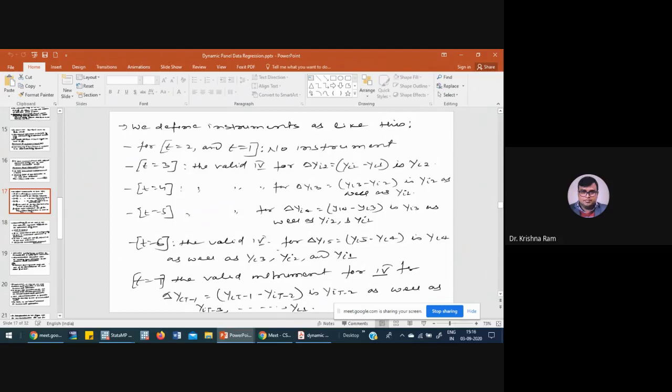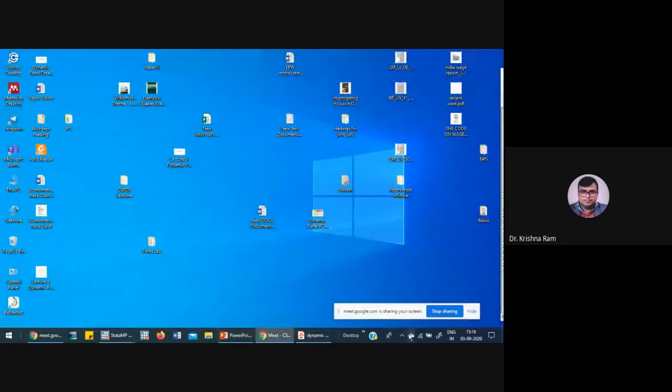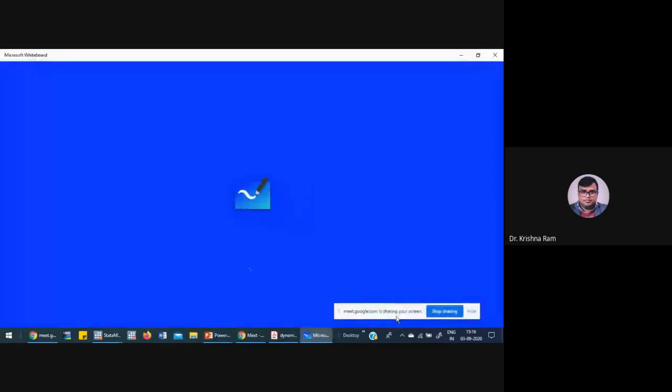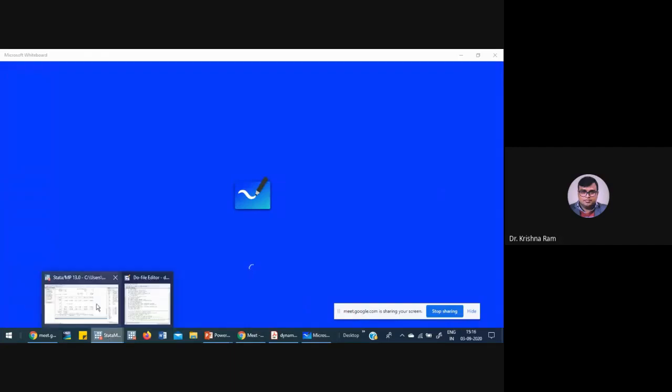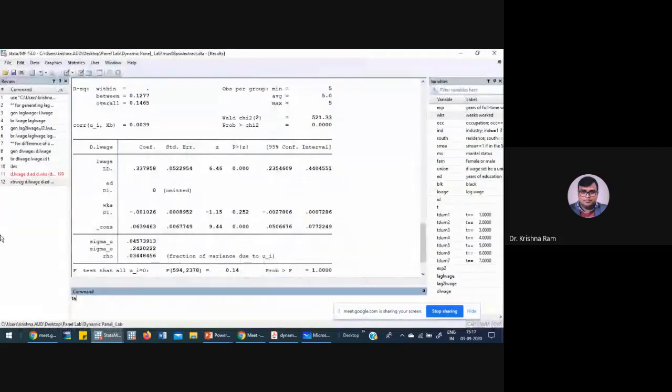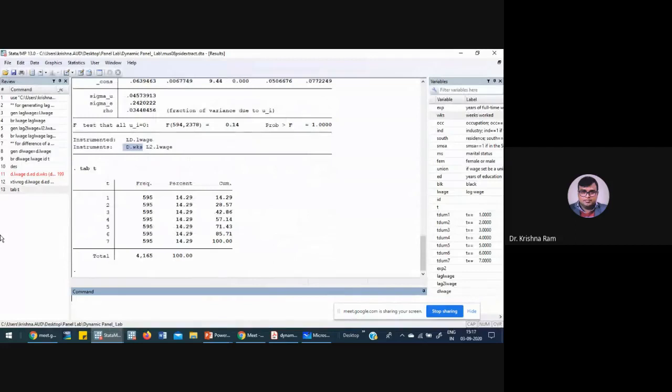So let's suppose that in our data case, we are having T up to 7 time periods, starting from 1 to 7, and cross-sectional units, as you have just seen.